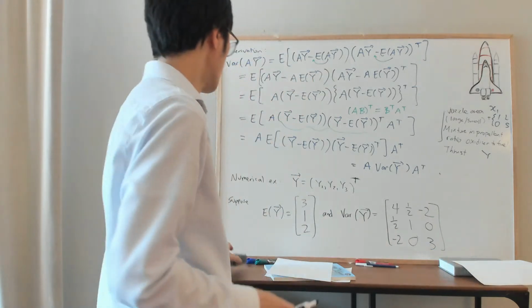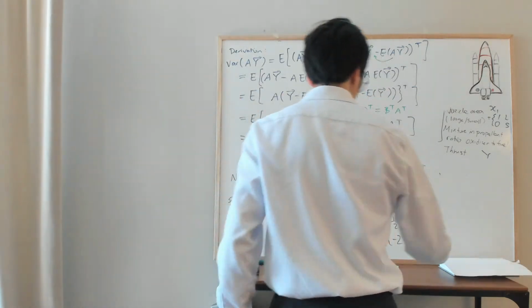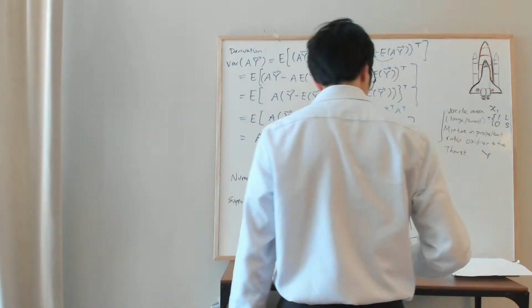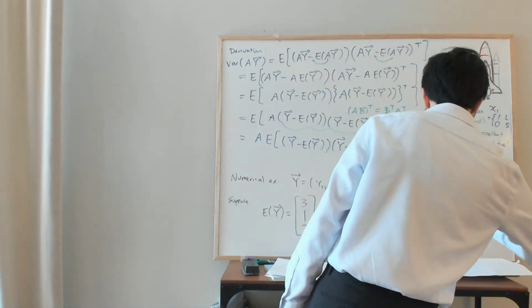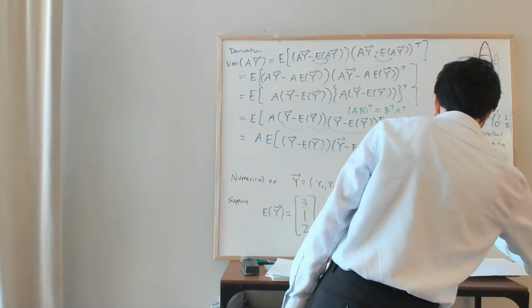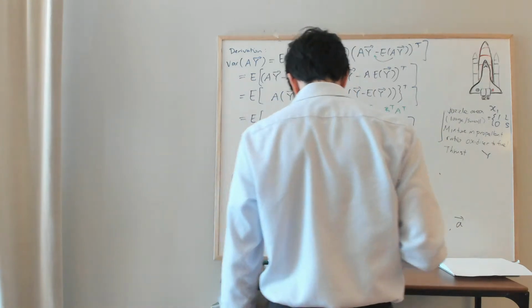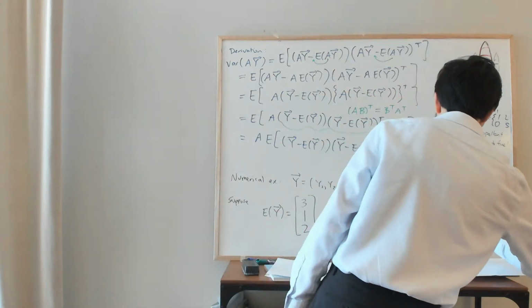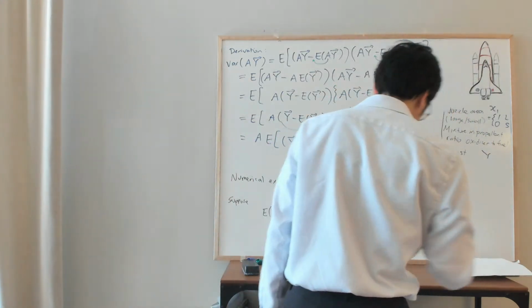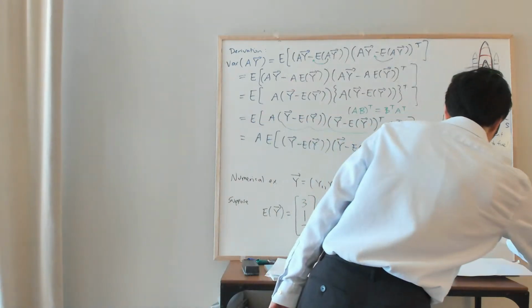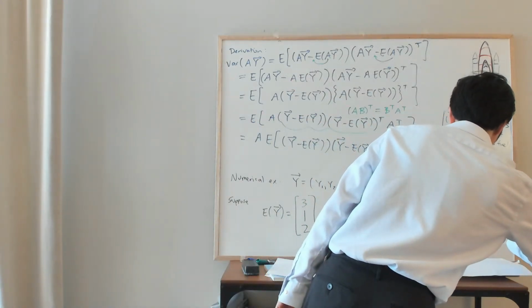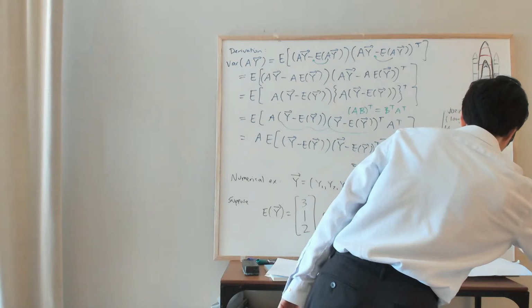Okay, so let's work out an example. I'm going to give you a vector, and let's make up a vector for A. The way I define it, I'm going to write it as a row vector. So let's just say it's like 1, -1, 2.